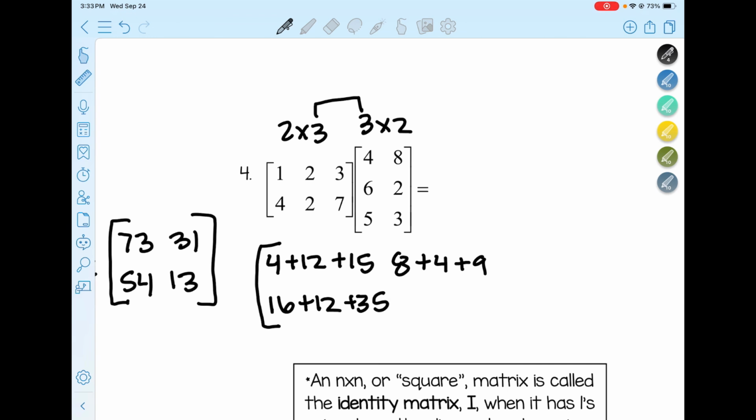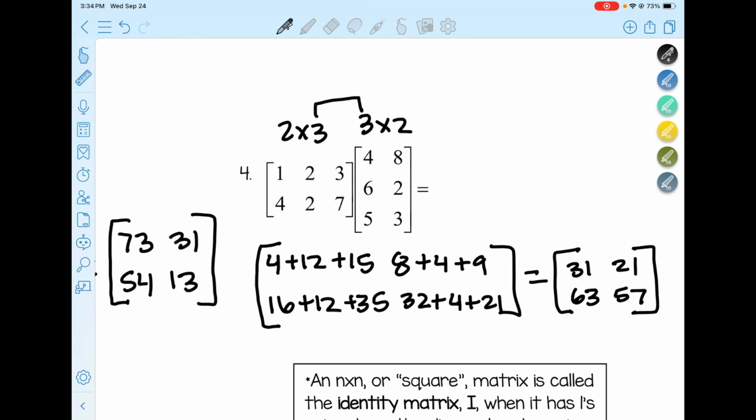Then I'm going to do the last row in the second column, which gets me 32 plus 4 plus 21. I can then go ahead and simplify them. So I get 31, 21, 63, and 57.